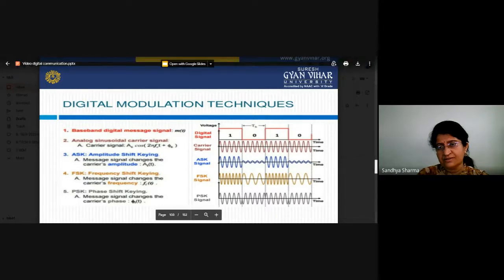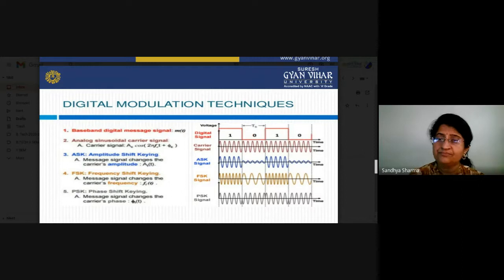This means you can detect whether your signal is 1 or 0. With a phase difference of pi, we transmit symbol 1 by cos omega ct and symbol 2 by cos(omega ct plus pi), meaning a phase difference of 180 degrees.